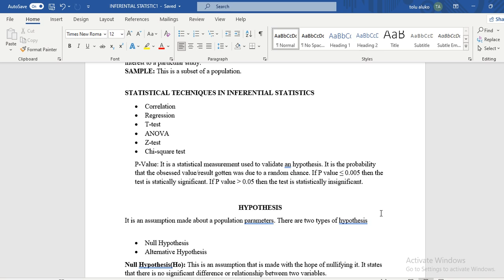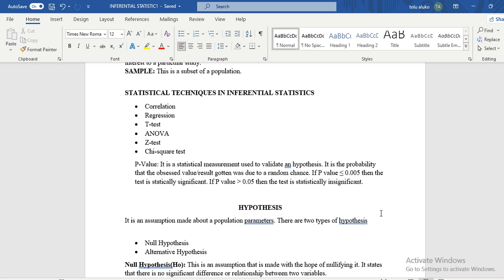Continuing, we have the p-value. To me, I call it point value. It is a statistical measurement used to validate a hypothesis. It is the probability that the observed result gotten was due to random chance. Now they give an example.